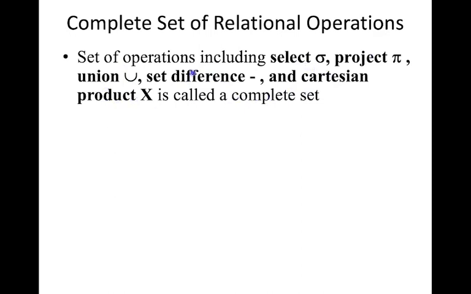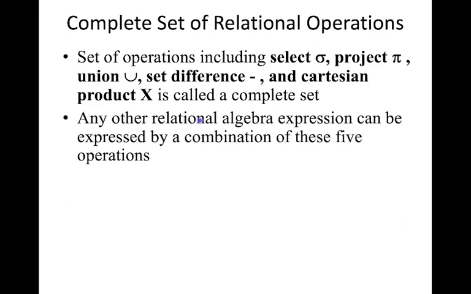This set of operations is known as a complete set because any other operation can be derived from it. Any other relational algebra expression can be expressed by a combination of these 5 operations. So by using these 5 operations we can specify anything.